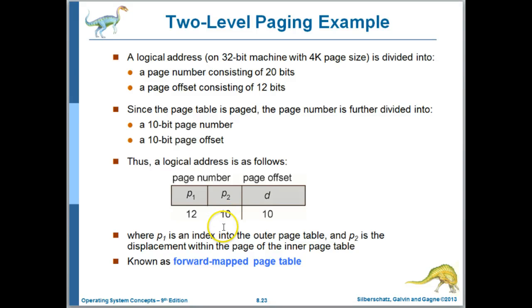So now, rather than a single page table of 20 bits, we have the second level page table, which is non-contiguous, and the outer page table, which is contiguous, but now is only 1024 entries long.